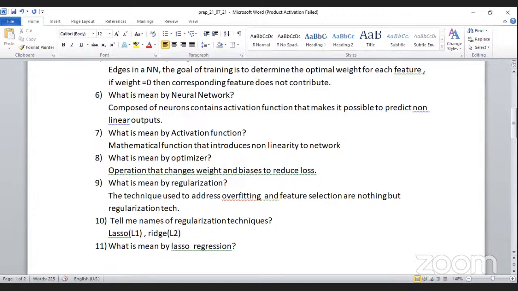Yeah, it tends to zero, absolute zero. So that is also a right thing related to the lasso.